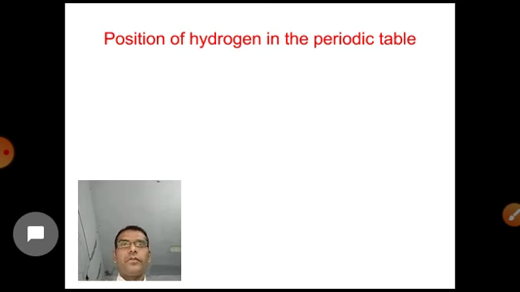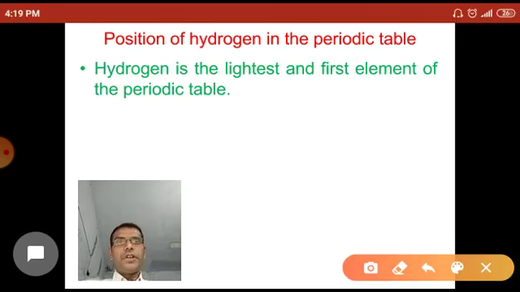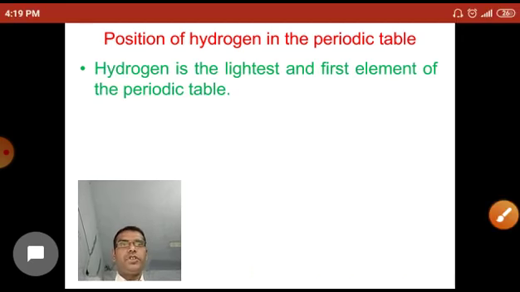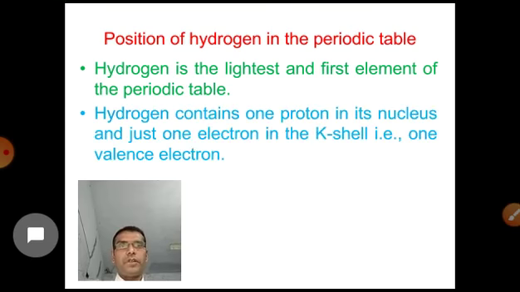Now, the position of hydrogen in the periodic table. The question is where the suitable position of hydrogen in the periodic table is. Hydrogen is the lightest and first element of the periodic table. It is the lightest among all elements and it occupies the first position in the periodic table.